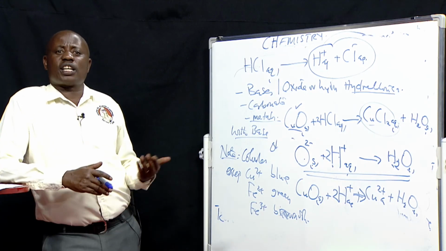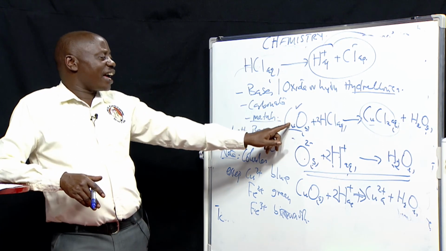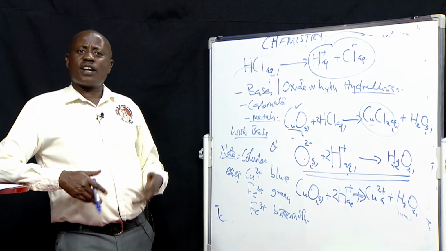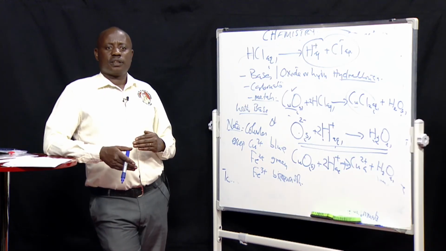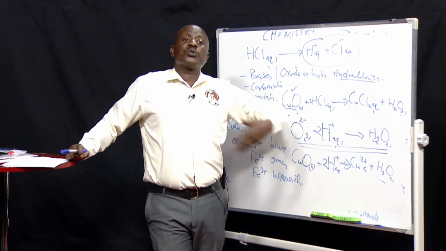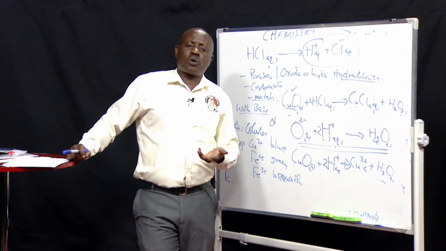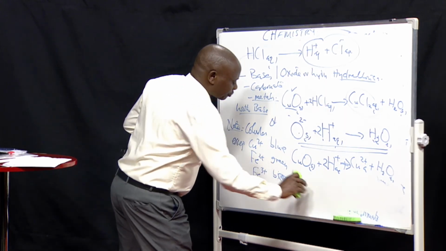Ignore the others because they are not part of the chemistry. In the same way, these ions like copper and chloride are not part of the chemistry. They do not undergo chemical reaction because they form a compound which ionizes to produce the same ions from which it was formed. So don't look at that one.